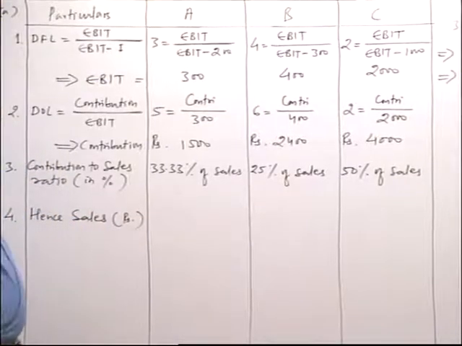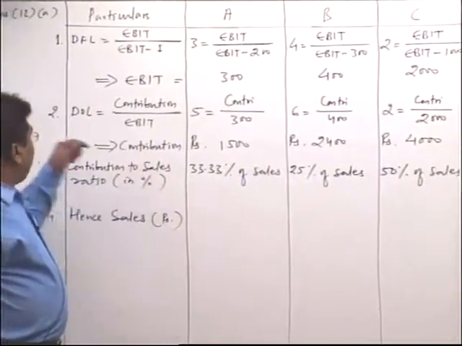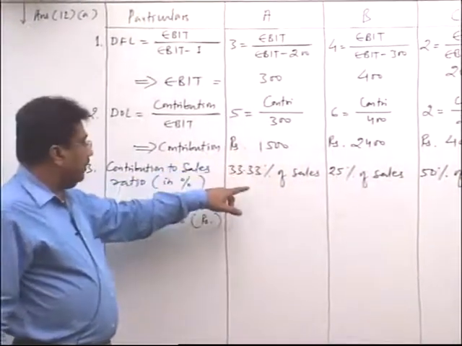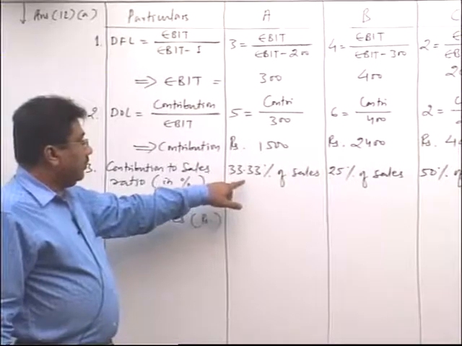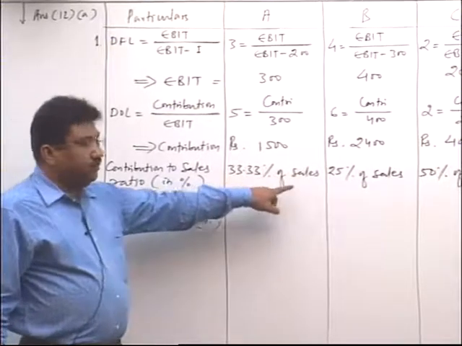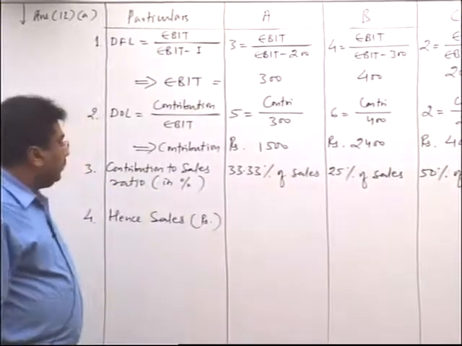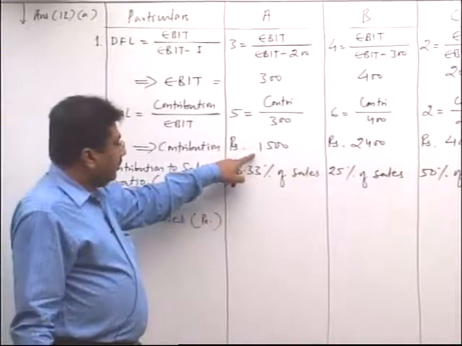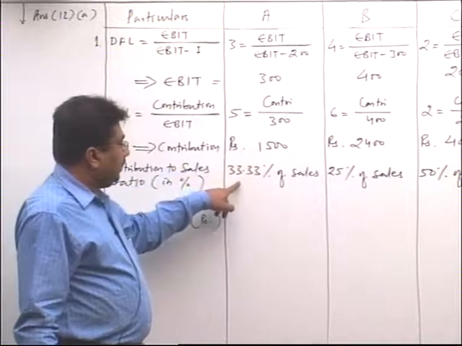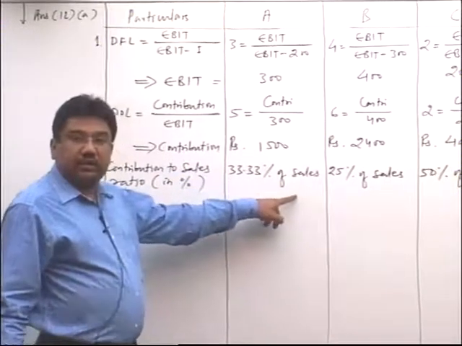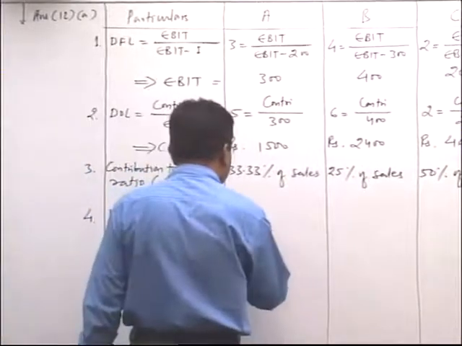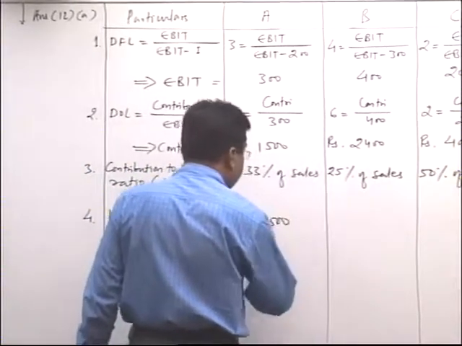Now, if you see point number 2 and 3, in point number 2 we have found out contribution in rupees, and in point number 3 the contribution is a certain percentage of sales. Now compare these two. In column A, this rupees 1500 is 33.33% of sales, that is one third of sales. So sales will be 3 times, that is rupees 4500.